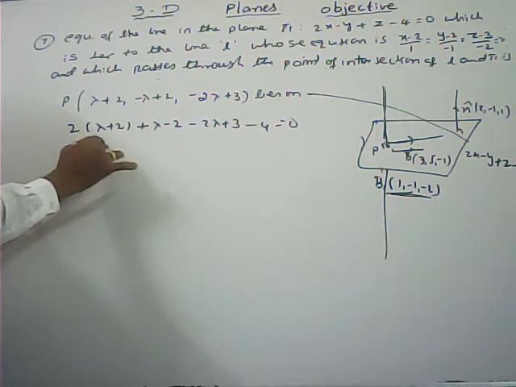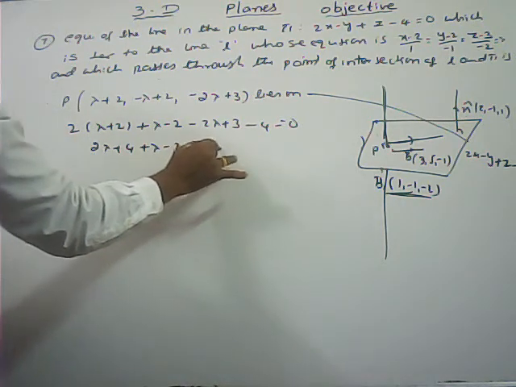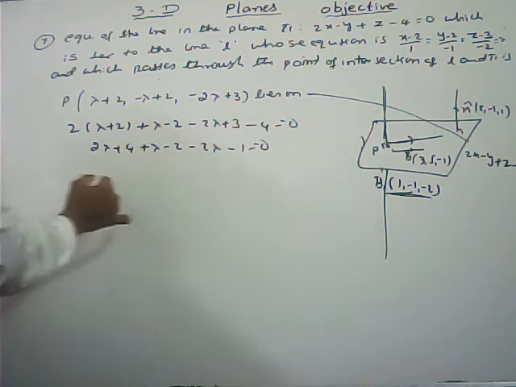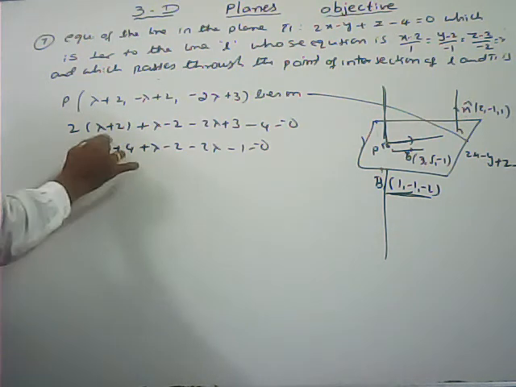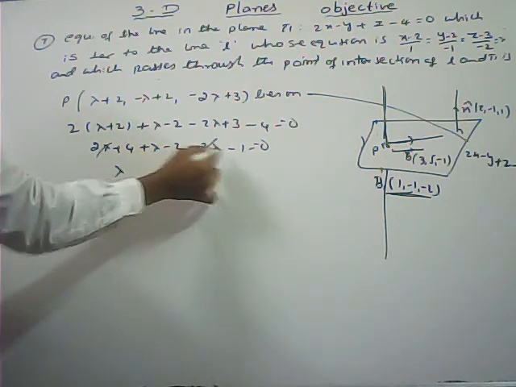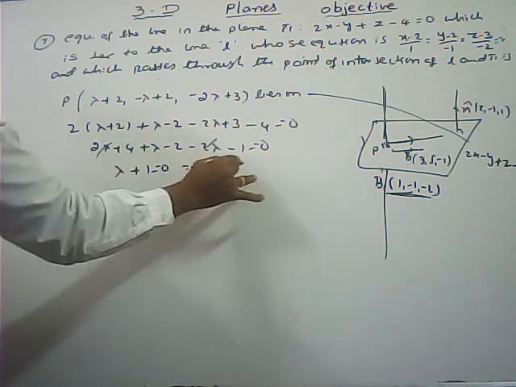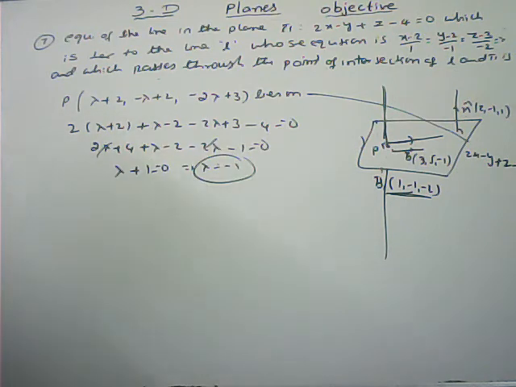Here 2 lambda plus 4 plus lambda minus 2 lambda minus 1, that is equal to 0. Here these two get cancelled. Lambda 2 plus 1, that is equal to 0. That implies lambda is equal to minus 1. Here we got lambda value minus 1. Then what about P?